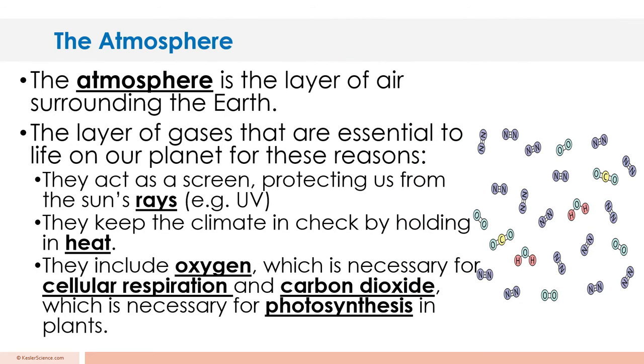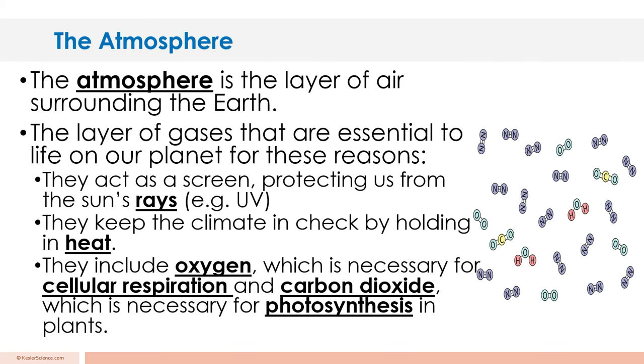All right, so the atmosphere is the layer of air surrounding the Earth. This we just learned. This layer of gases is essential to life on our planet. Our atmosphere is actually what makes Earth so special when we think about all the other planets where there's not life. Our atmosphere plays a big part in that. They act as a screen. These gases protect us from the sun's rays, things like UV.